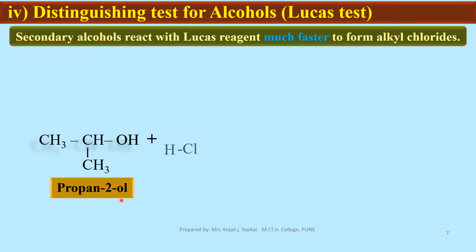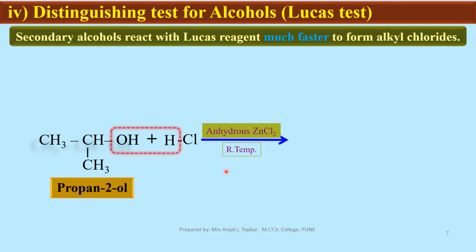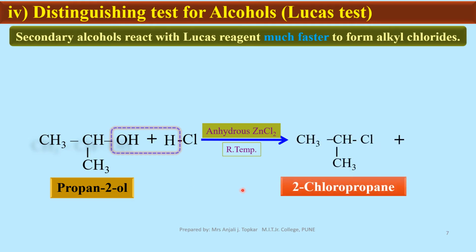When it is treated with HCl, in the presence of ZnCl2 anhydrous, at room temperature, water molecule is removed and Cl forms bond with this carbon atom to form 2-chloropropane, and water is removed.